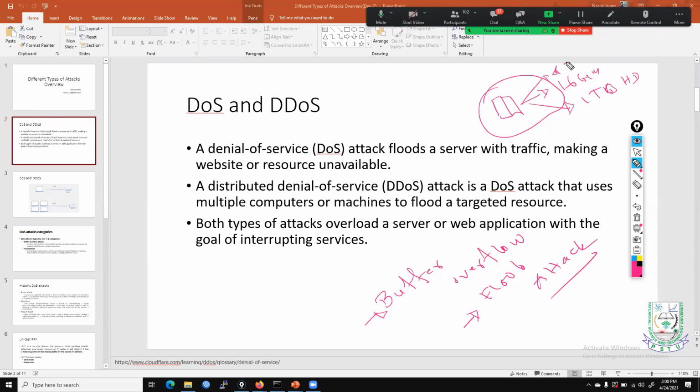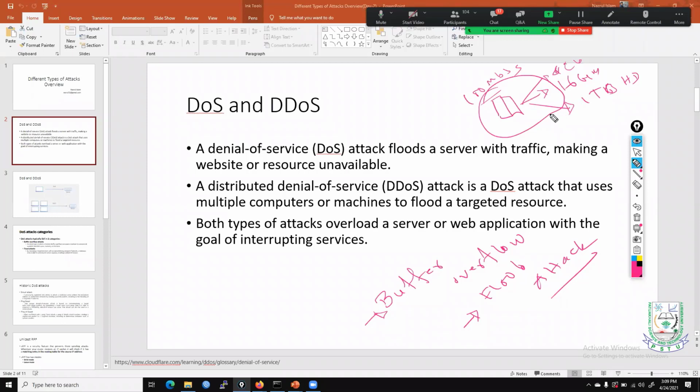And the capacity of the total bandwidth in the network, let's say 100 Mbps. So your network capacity is 100 Mbps.